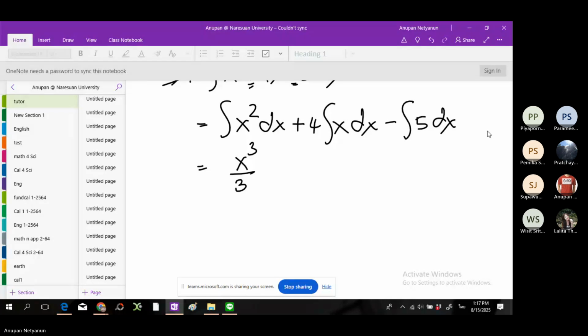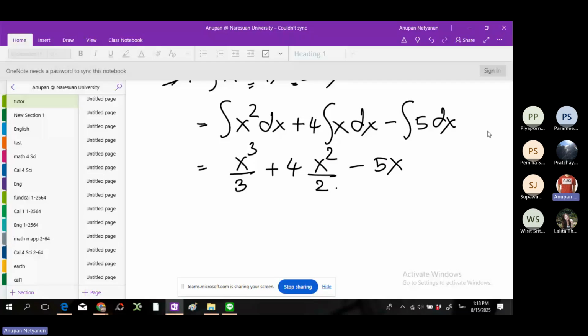For the integral of x, my guess solution is x squared, but when I take the derivative I have 2 extra, so I have to divide my guess solution by 2. And for this one you have a property: the integral of constant 5 is equal to 5x, because when you take the derivative of this, the derivative of x is 1, so you get 5.